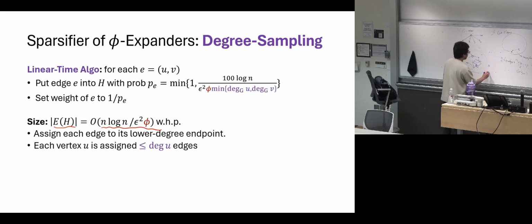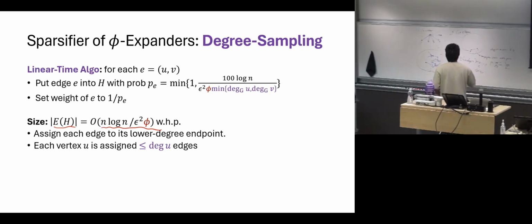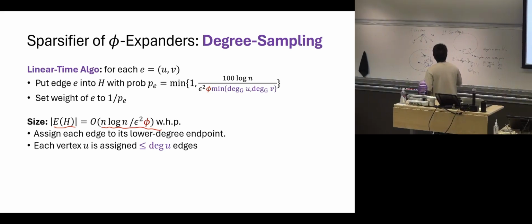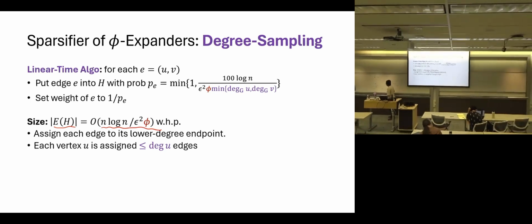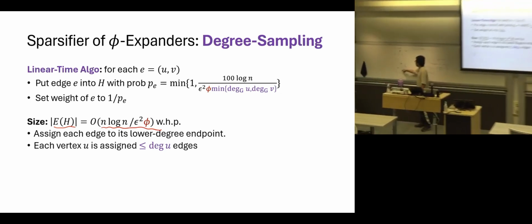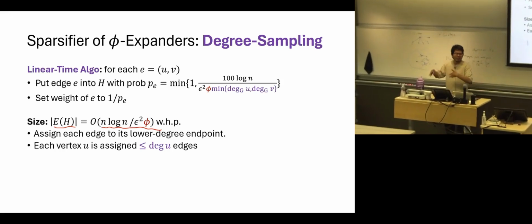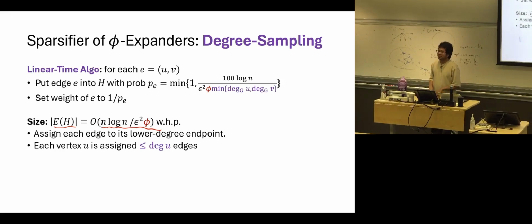So we sample with probability something like 1 over degree of u, with some log factor, some constant, it doesn't matter. There are degree of u edges assigned to it, and we sample each with something like 1 over degree of u.